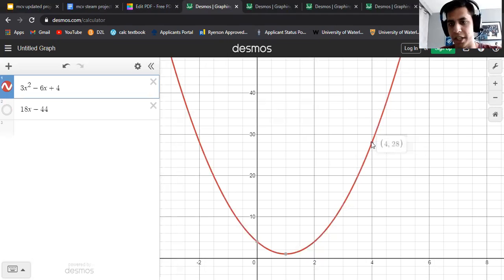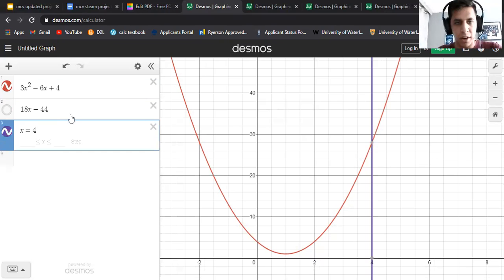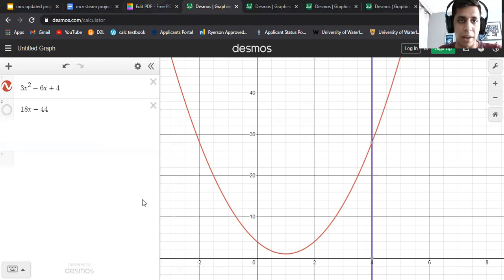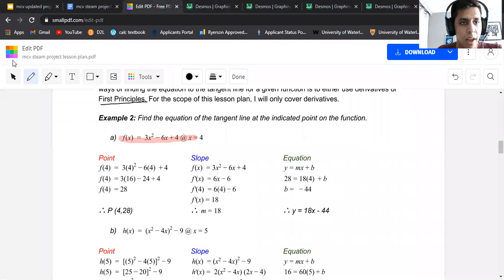The first step is finding the point at 4, so the corresponding y-coordinate. We can cheat on Desmos and see that if we type in x is equal to 4, we know that y is equal to 28. But again, we can find this out algebraically as I did right here.